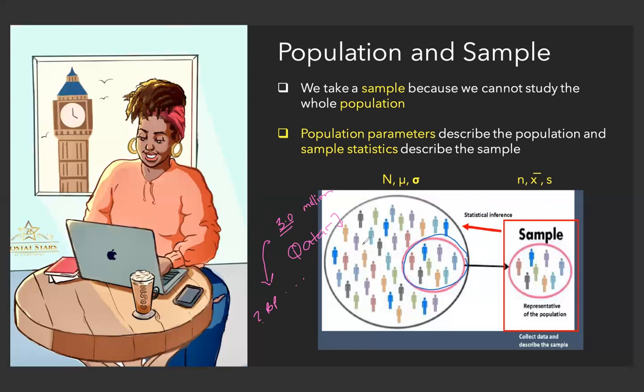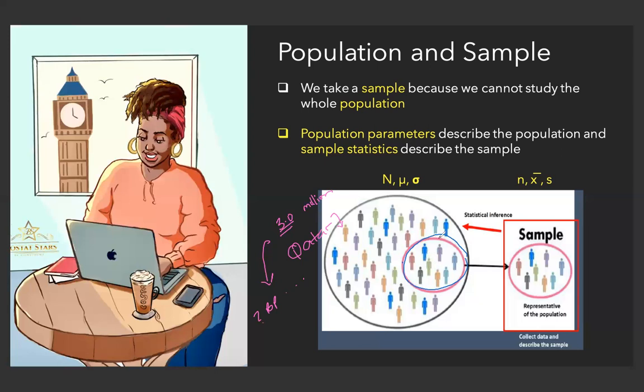Why do we do this? Number one, when we take a smaller group of people, it's easy for us to do whatever we wanted to do on that group because it's just fewer people. So we have enough time and enough resources to conduct the research.